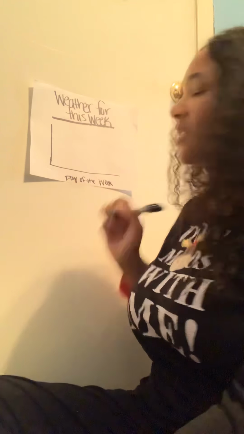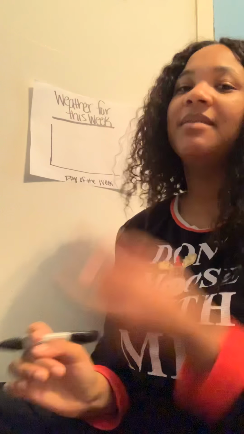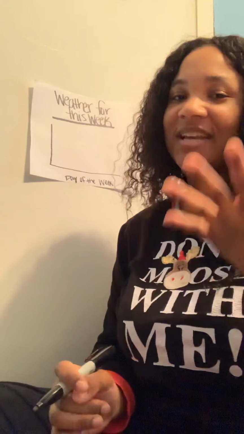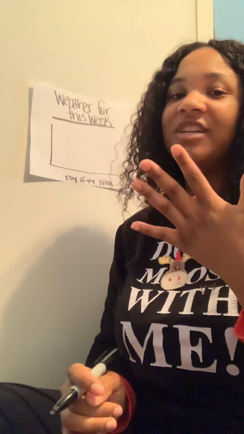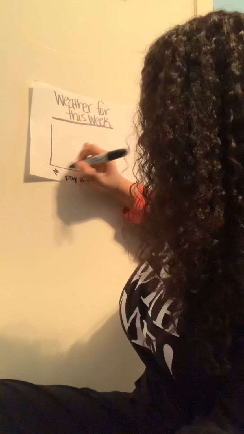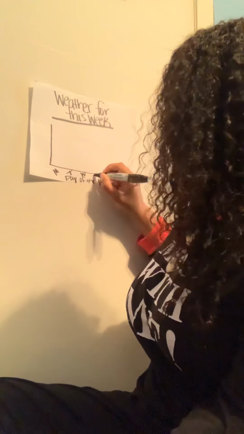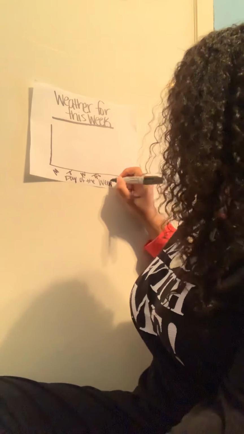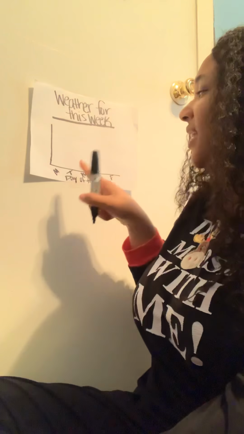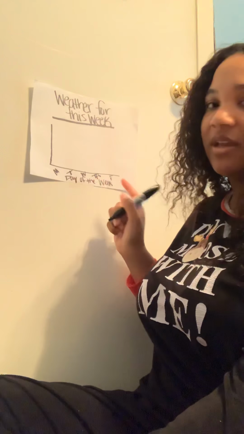Then I need to create columns that answer this phrase. What are our days of the week? Monday, Tuesday, Wednesday, Thursday, Friday. We're going to do just the school days. I'm going to abbreviate for time's sake: M for Monday, T for Tuesday, W for Wednesday, TR for Thursday, and F for Friday.